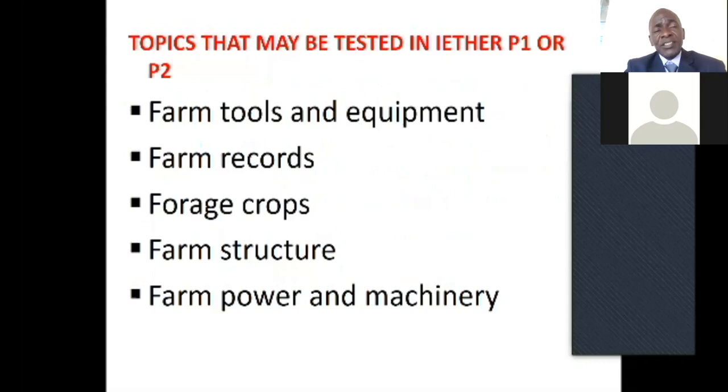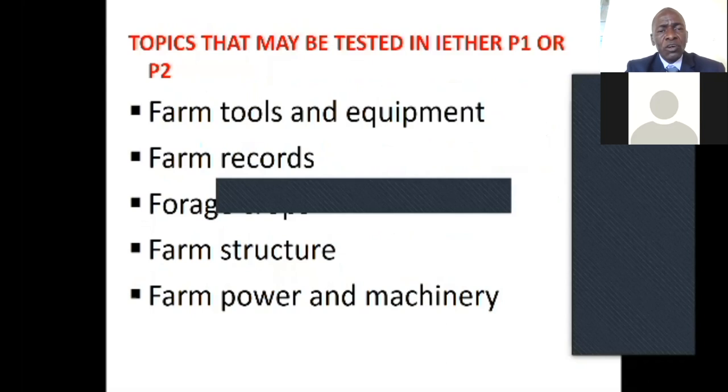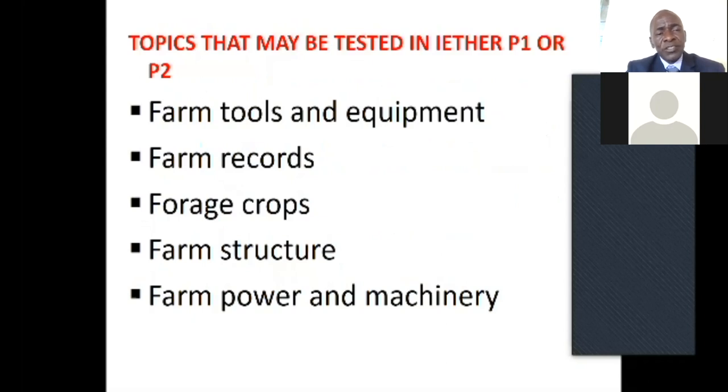There are some topics that are tested in paper 1, but they also are tested in paper 2 in a hidden way. I'll explain to you briefly. One such topic is farm records. Farm records is basically a paper 1 topic.